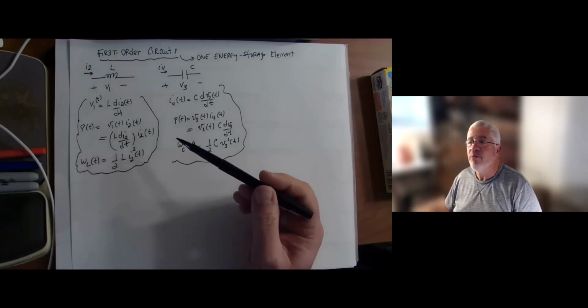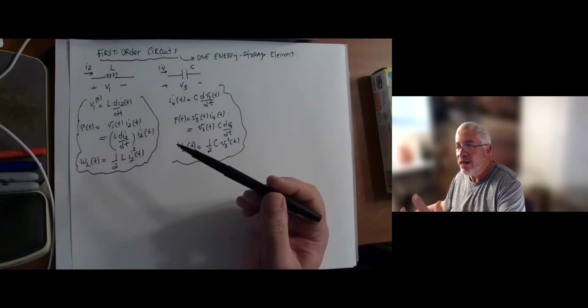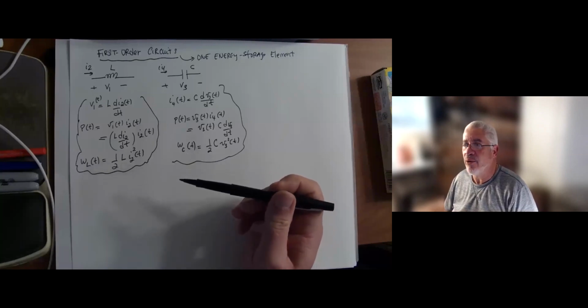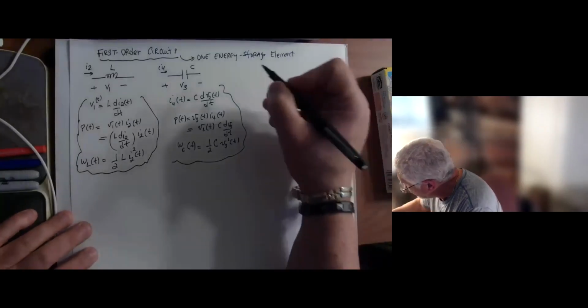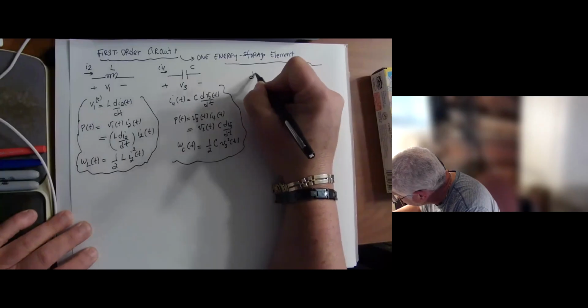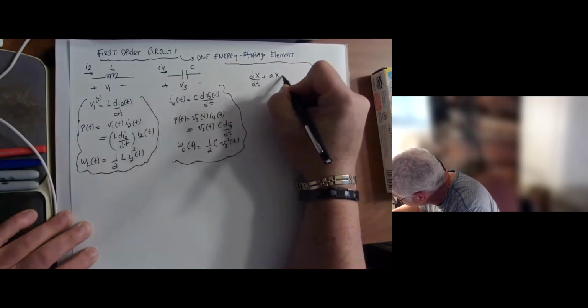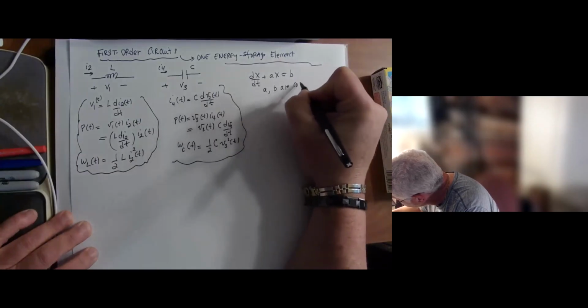But thus far, we've been looking at circuits with a source, and then at some t naught, the source gets disconnected. So we're looking at what happens to the inductor or the capacitor in a circuit when that energy is being dissipated out into the circuit. All right. So the key thing, if you think about your math, we're looking at a differential equation that looks like this, where both A and B are constants.